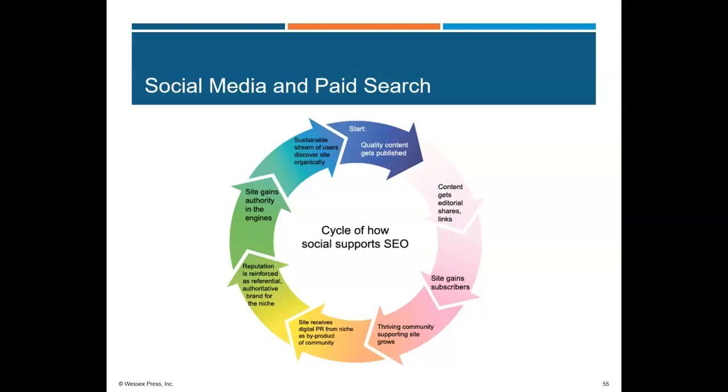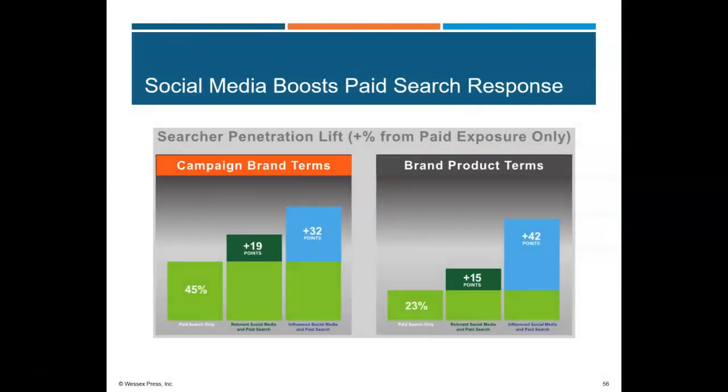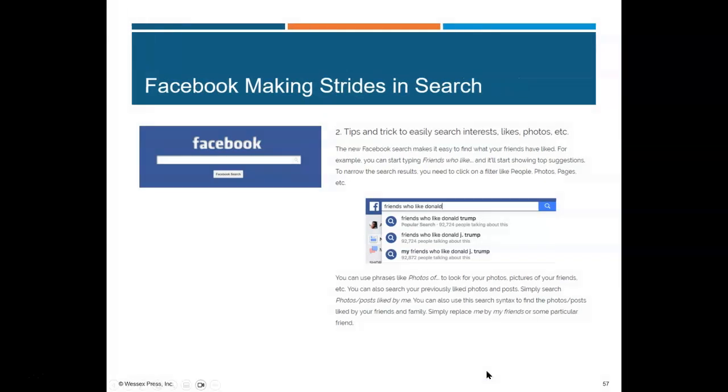You can look through how it starts, the cycle of how social supports search engine optimization. Social media boosts page search response, comparison. Facebook making strides in search.